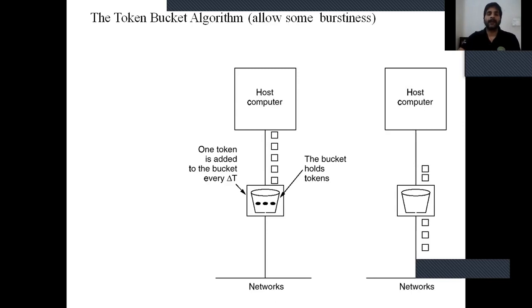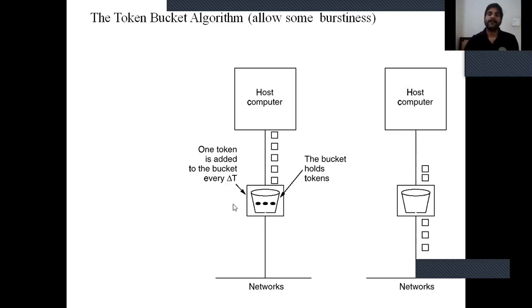It is the same algorithm as before: the host computer sends packets, and this buffer works as an intermediary between the host computer and the network. Unregulated packets are stored in this bucket, and each token collects several packets.